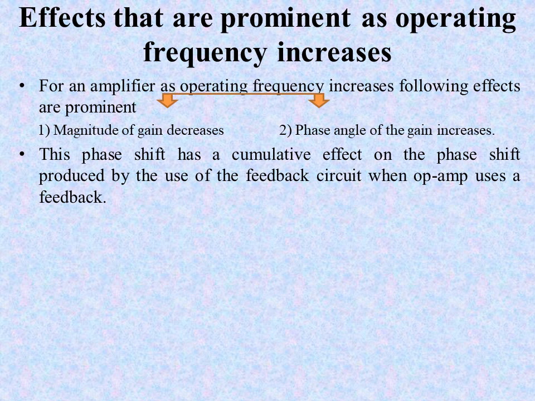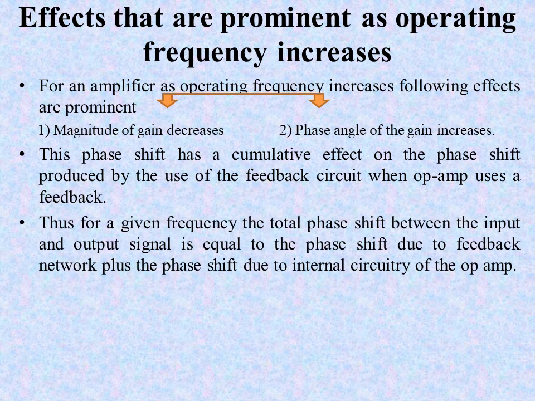This means that when we apply feedback, either positive or negative, a phase shift occurs because of the feedback. Now when operating frequency is increased, the phase angle of the gain also starts increasing. So the phase angle of the gain increases, and phase angle is also changing due to feedback. These two effects add up, and the resulting effect is seen in the output.